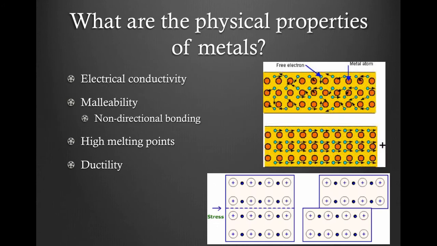So what are the physical properties of the metals? I think of all the elements, these are the physical properties most familiar to us. We know all metals conduct electricity, and that's because of the free-moving electrons.